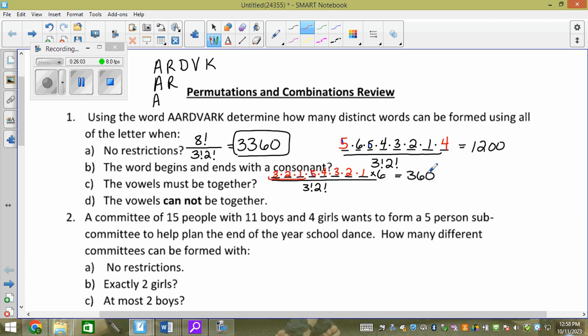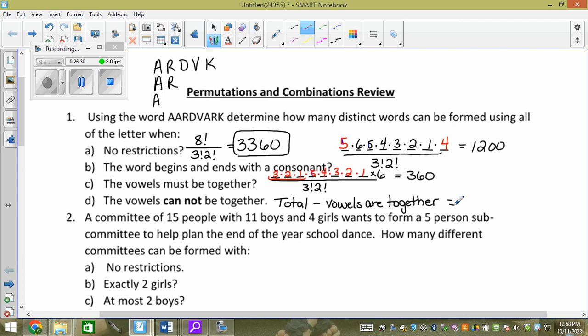So, vowels not together is not hard. You take 2 of the answers I've already made you find. Vowels not together, all you do is take the total, all of the absolute different words I can make from aardvark, and then subtract off all the cases where the vowels are together. I already have them done.